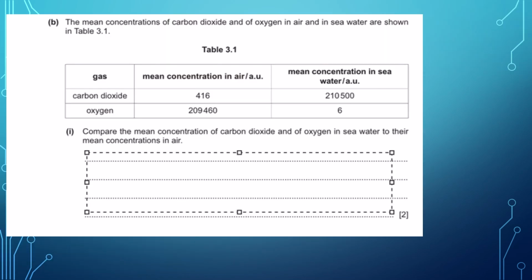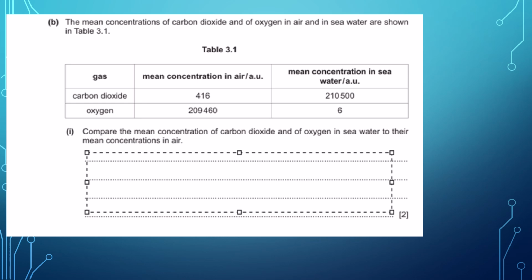Our next question gives us a table showing the mean concentration of carbon dioxide and of oxygen in air and in seawater. And they ask us to compare the mean concentration of carbon dioxide and of oxygen in seawater to the mean concentrations in air. The error I saw quite a few students do here is they try to explain why it is so. But the question is actually simple.